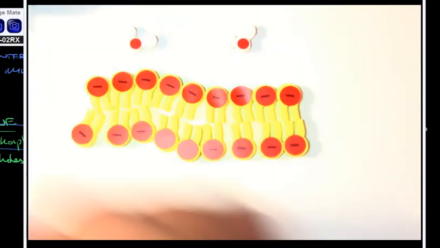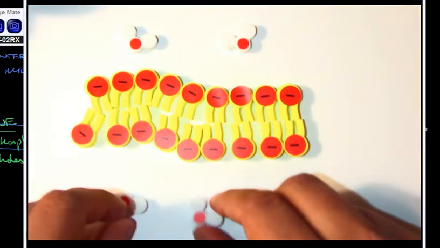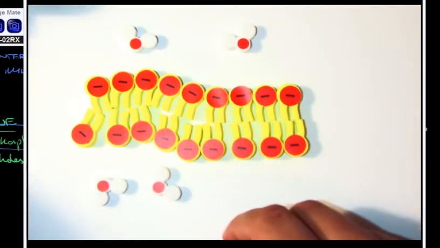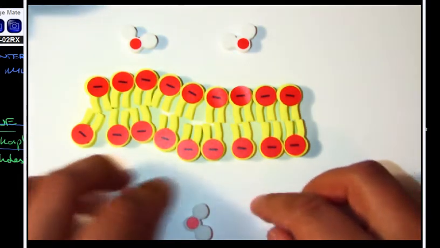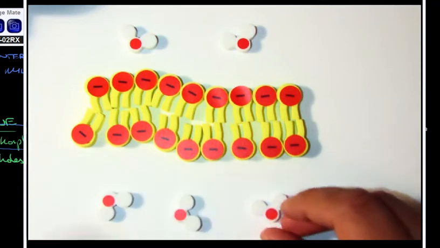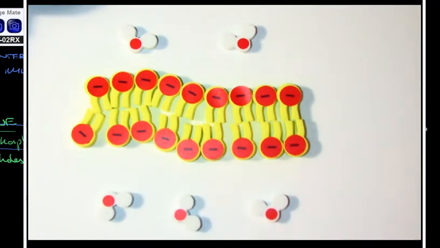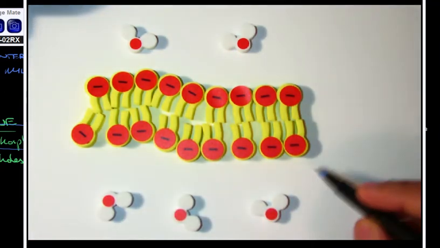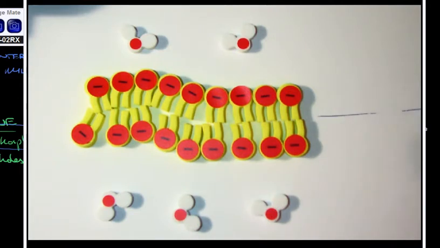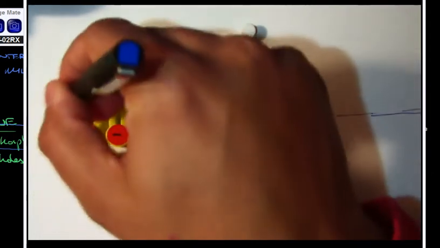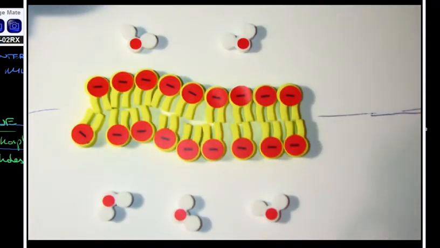Let's say that we've got one, two, okay, we're going to put 5 here, right? Okay, so let's say that I'm going to label this side, and you know that this phospholipid bilayer would be extended in this direction, and it would be extended in this direction.